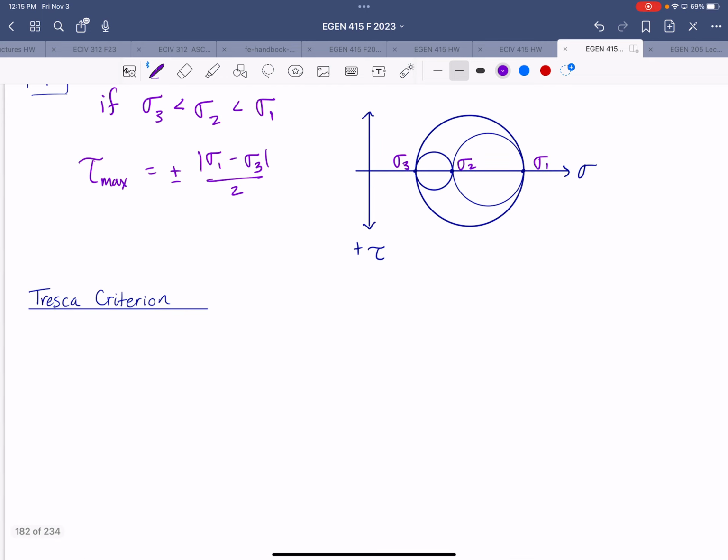All right, so this leads us to the Tresca criterion, and I know some of you are familiar with this, may be new to others.